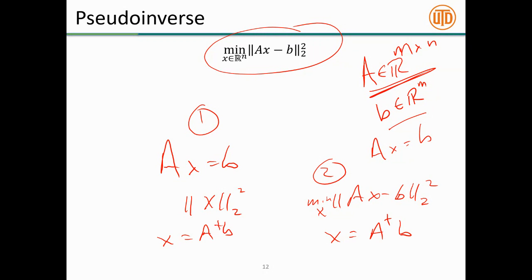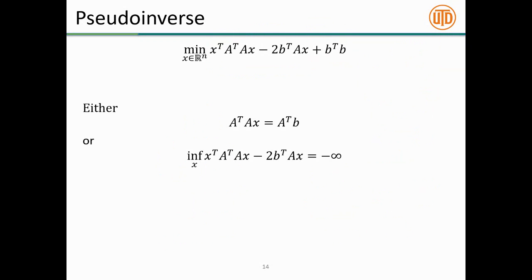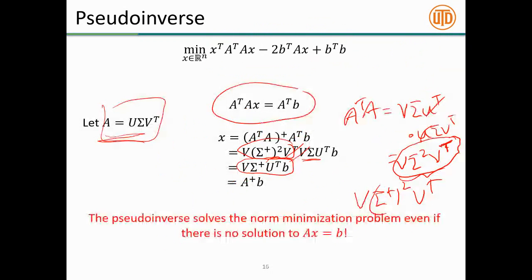And if it doesn't exist, it gives us back an x that gets us as close as possible to b when multiplied by A. So that's just a nice example. This is sort of a first nice example of applying the pseudo inverse to approximately solve a linear system.